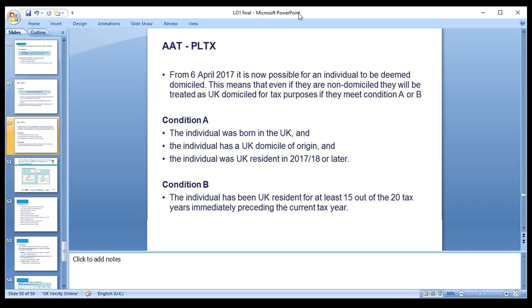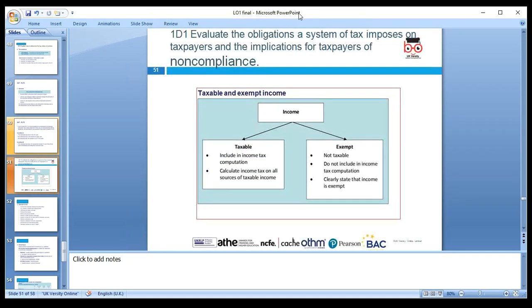The individual was born in the UK, the individual has the UK domicile, or the individual was UK resident in or later, so the individual has been UK resident for at least 15 out of the 20 tax years immediately preceding the tax year. All these rules we need to keep in mind, and they will apply for tax purposes as well.